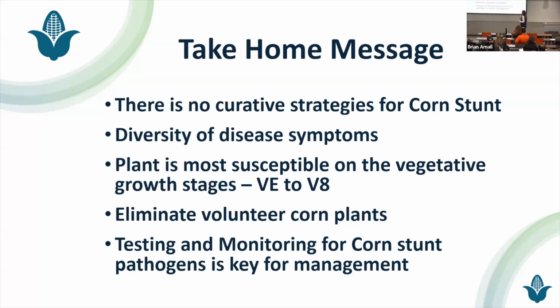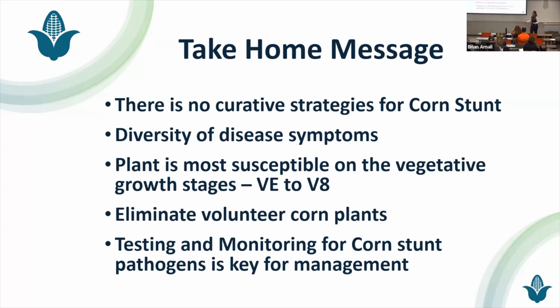The plant is most susceptible at the vegetative growth stage. In Brazil, they used to say that if you manage the corn from emergence until V8, if you cover that period and control the leafhopper, you'll be good enough to not have an impact on yield, because the pathogen is not going to have time to multiply, even if you infect the plant later.